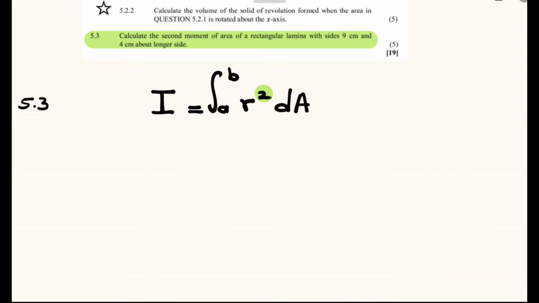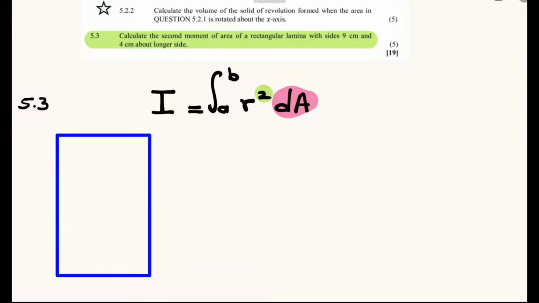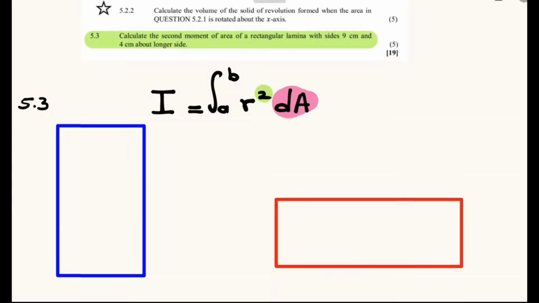For now, let's determine the dA, also called the area element. We have two scenarios. Either the longer side will be vertical, or the longer side will be horizontal.